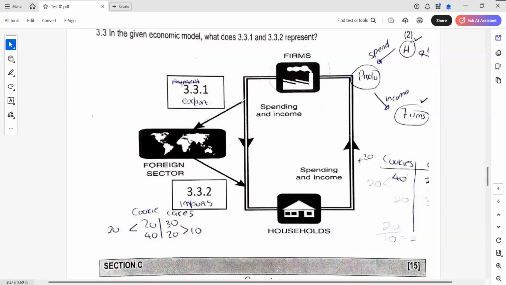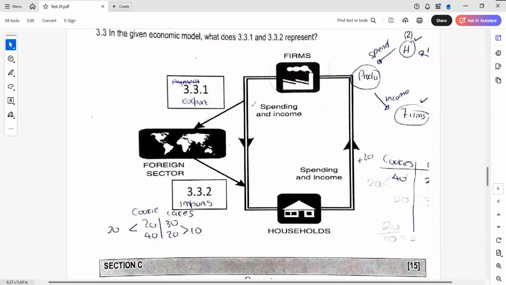So this arrow can represent just exports because it's just goods going from the firms to the foreign sector. These are exports, right? If goods are leaving our economy, it's exports, and it's an injection in the economy because the foreign sector will pay for these goods.